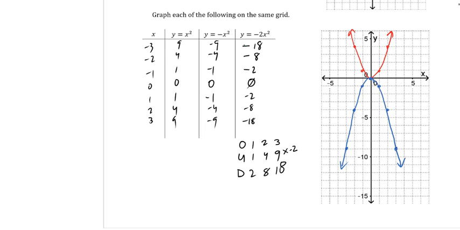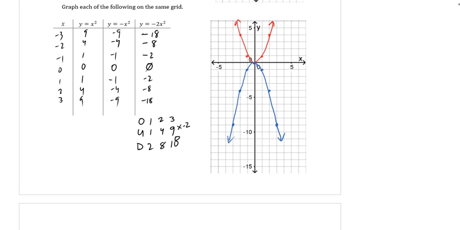And I can find my points. From the vertex, there's my vertex. Go over 1, down 2. Over 2, there's 4, but I go down to 8. Over 3, it's going to go off the graph, but I'm going to try anyway. Instead of 9, I go down to 15, 16, 17, 18, somewhere around here. And it stretched it and reflected it.